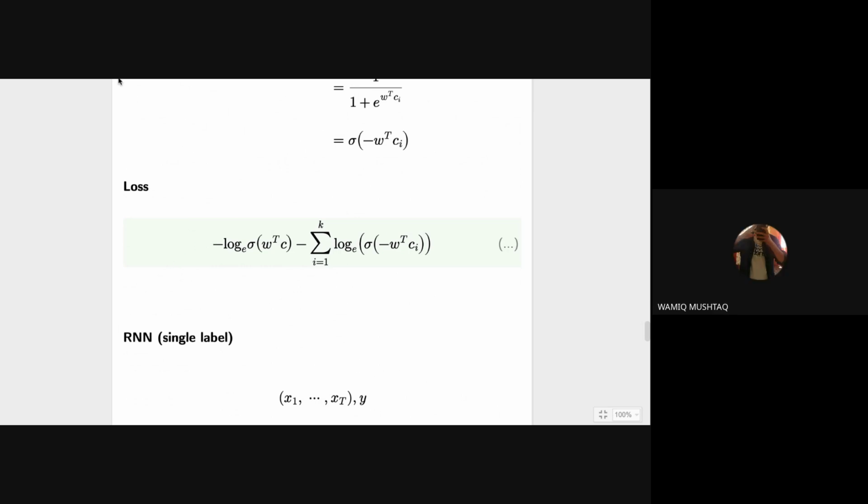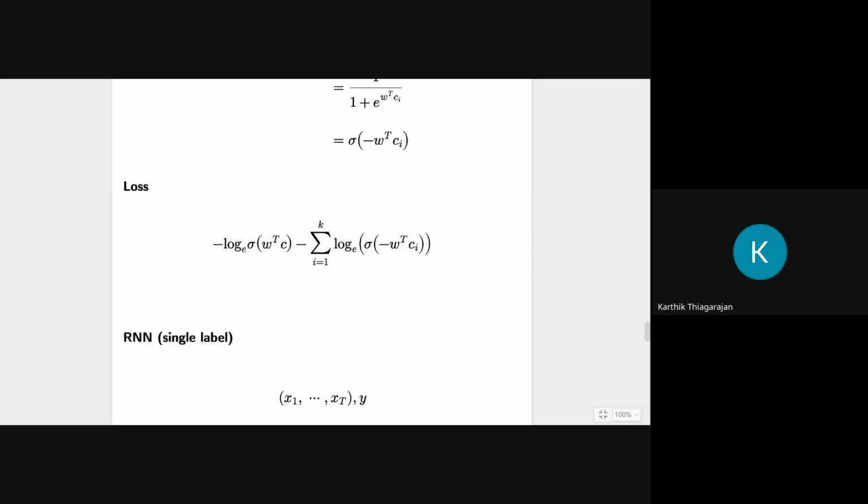Sir, when it comes to choosing the number of negative samples, is it a hyperparameter? It's up to us. You sample from the vocabulary, but there is a hyperparameter governing it. There is something called unigram frequency. Unigram is nothing but the frequencies of individual words.